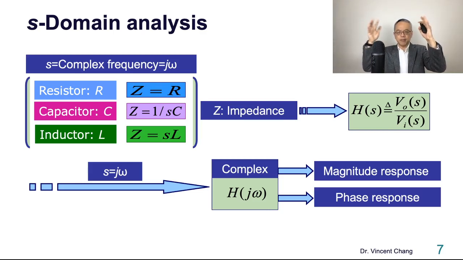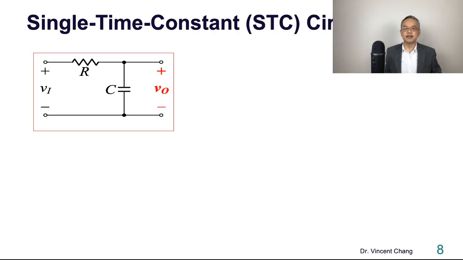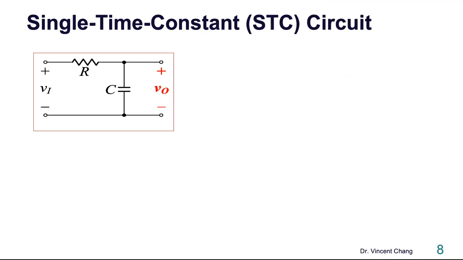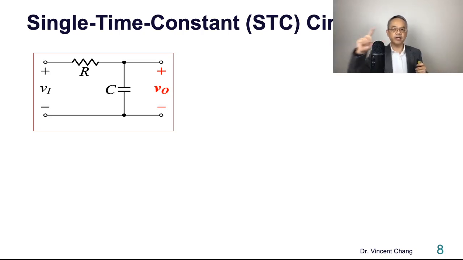The whole concept of the S-domain analysis. Let me show you one example. It's called a single time constant circuit. The single time constant RC circuit, with vi and vo.